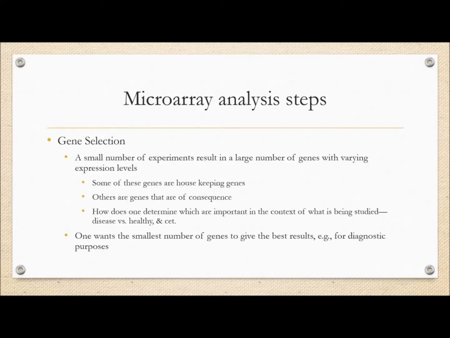Okay. Other genes are of consequence. How does one determine which are important in the context of what is being studied, disease versus healthy, etc.? And one wants the smallest number of genes to give the best results for diagnostic purposes, because then you can really narrow down the proteins of interest associated with a particular disease.